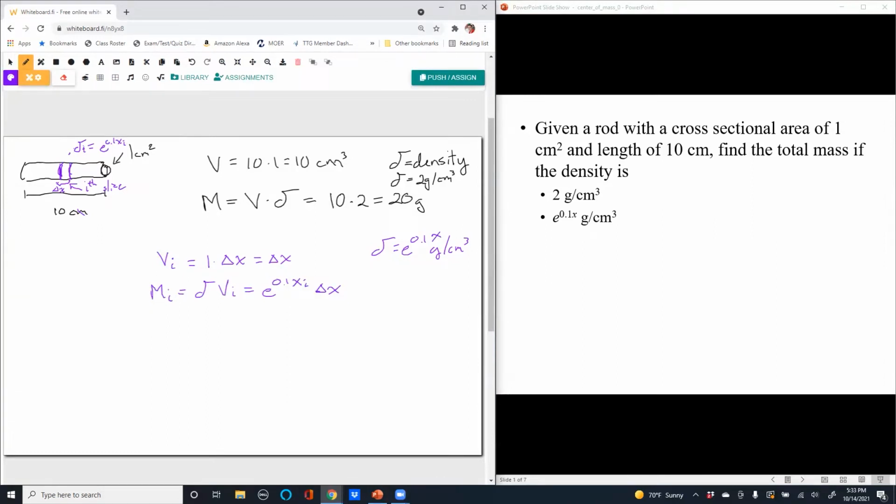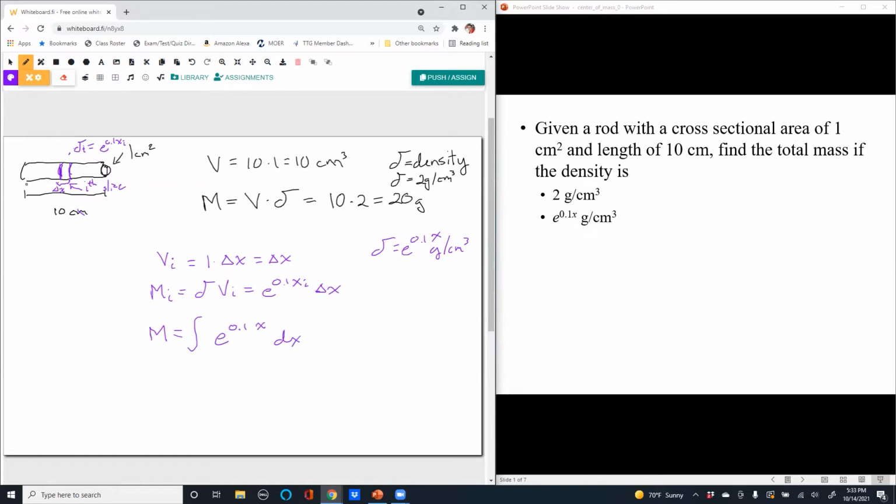Now our goal is to get the total mass. Now remember, we've talked about this before. First, at this point, we want to check before we go from sub i to continuous. Make sure these variables match. They're both in terms of x. We're good to go. So the total mass, now we're into the continuous case, e to the 0.1 x dx.